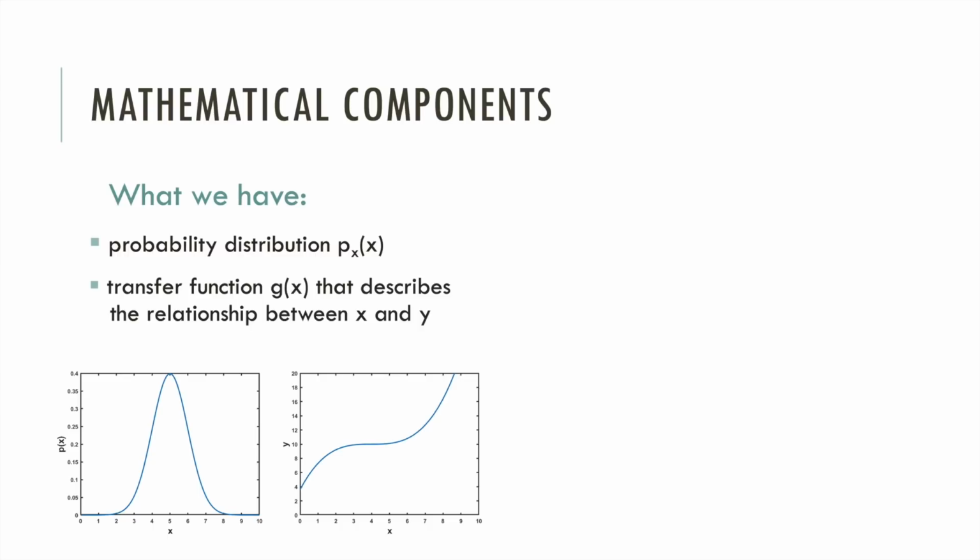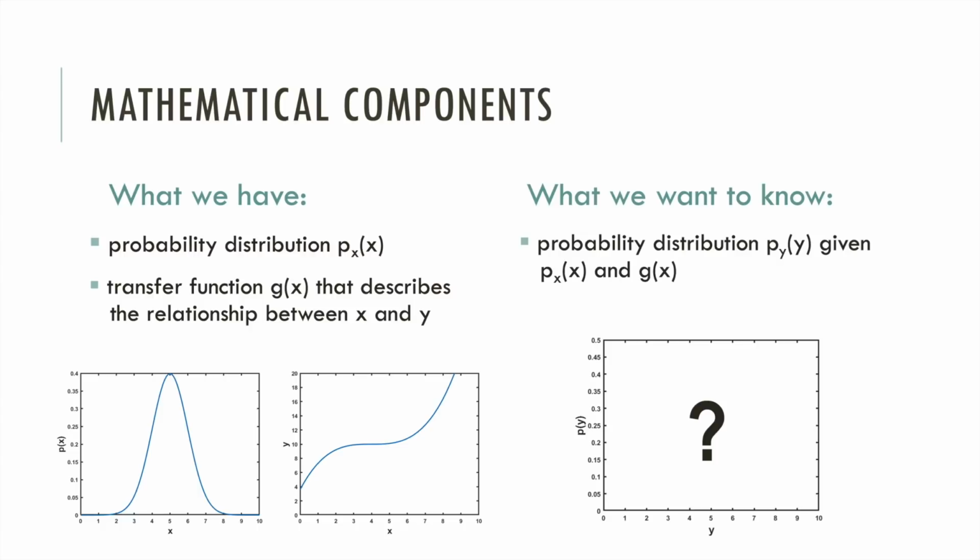What we also have is the transfer function, g(x), that describes the relationship between x and y. What we want to know is the probability distribution p_y of y, given p_x of x and g(x). In combination with the rain example, this probability distribution could describe the probability of the production of mud.